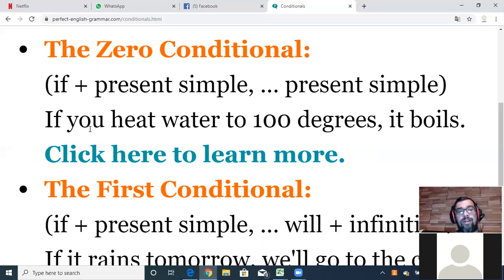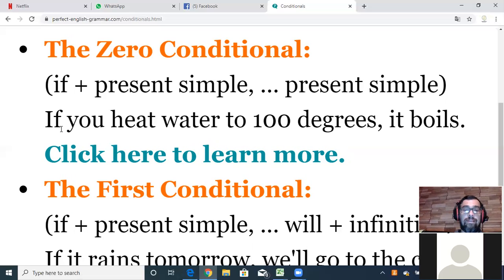Using if, of course. For example, you can say if you don't study for the test, you fail, right? Or something like that, something that is true.